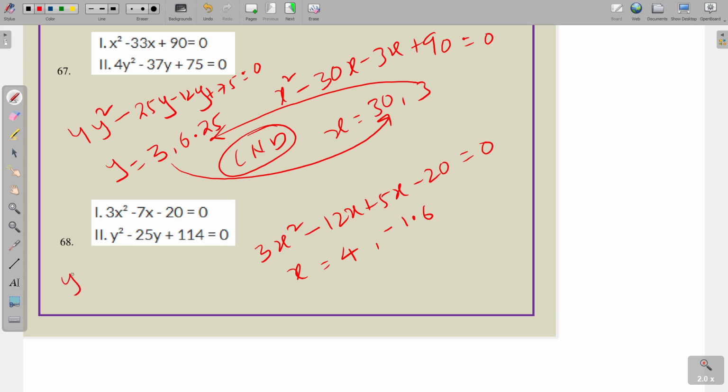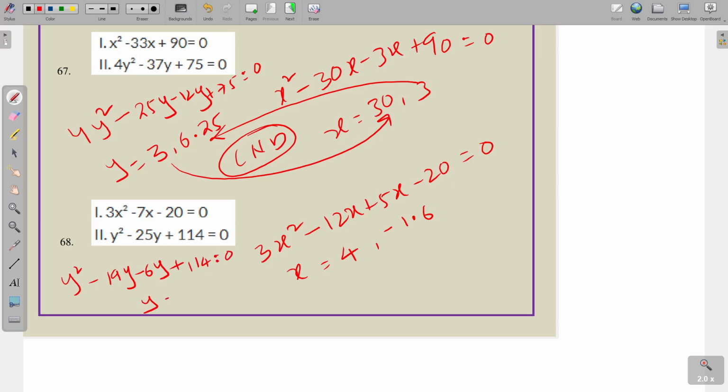Same way, y² minus 25y plus 114. 25 means how much, split into two values: 19y minus 6y plus 114 equal to 0.